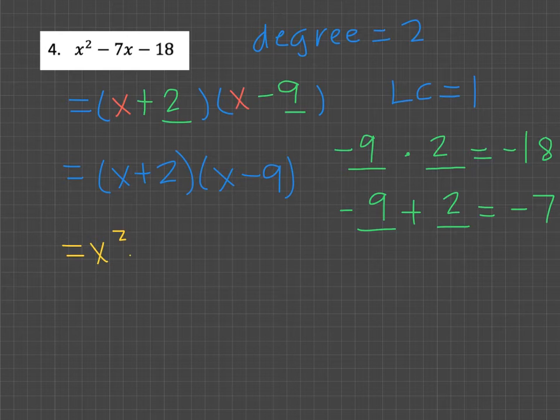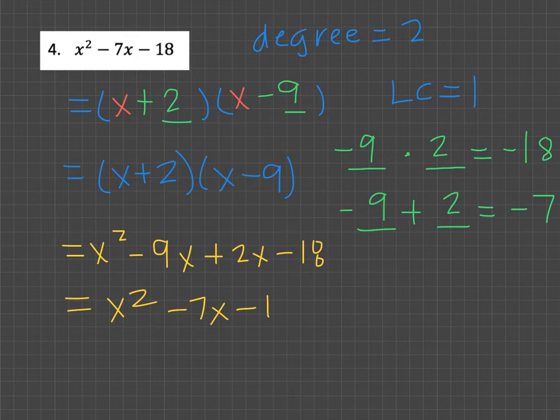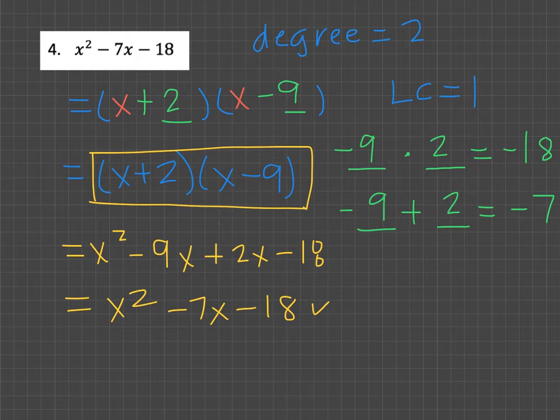Outer times outer, we get negative 9x. Inner times inner, we get plus 2x. Last times last, we get negative 18. Combining those middle two terms, x squared minus 7x minus 18, which is what we started off with. So we know that our factored form is correct.